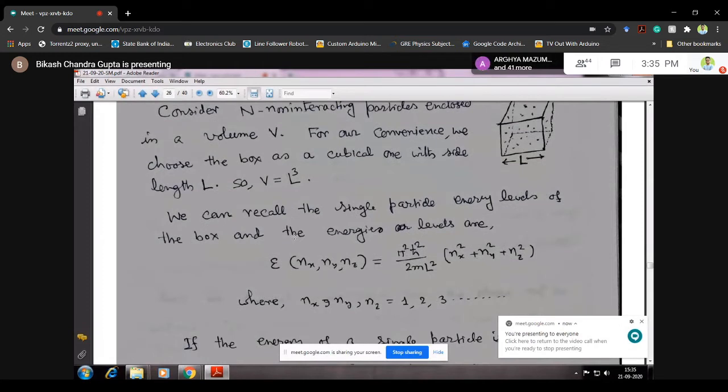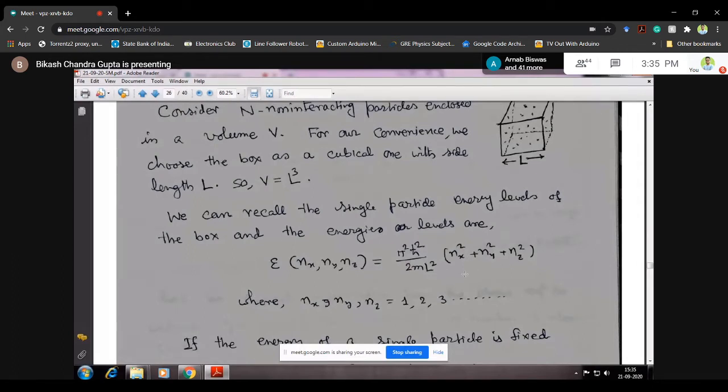You know that the energy corresponding to a single particle in a cubical box, like an infinite square well potential bound from all directions, is pi square h cut square by twice m L square times nx square plus ny square plus nz square. And you know that nx, ny, nz run from 1, 2, 3, 4, and so on. It can run from -1, -2, -3, and so on also.